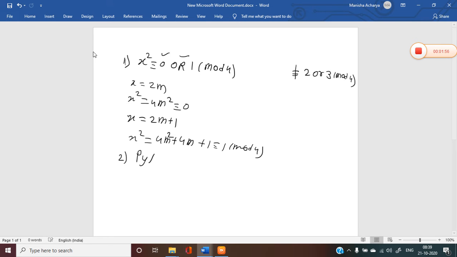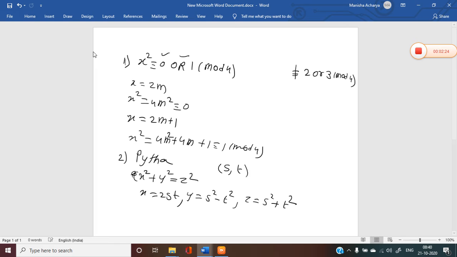Also, the theorem which we have proven for a Pythagorean triplet: the Pythagorean triplet x square plus y square equal to z square has a solution with x equal to 2st, y equal to s square minus t square, and z equal to s square plus t square. So we have proven that for a given Pythagorean triplet, there exist integers s and t with s greater than t greater than 0.